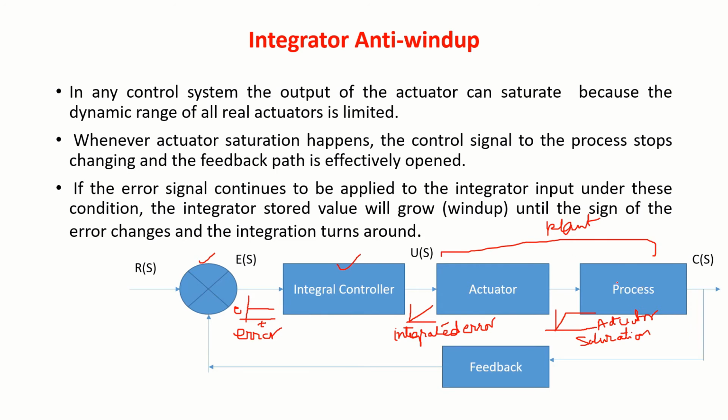Put together we call it the plant. Here we have the error signal. Let us say error versus time. Some constant error is coming over here. When it is integrated, the error builds up like this. This will be acting on the actuator.